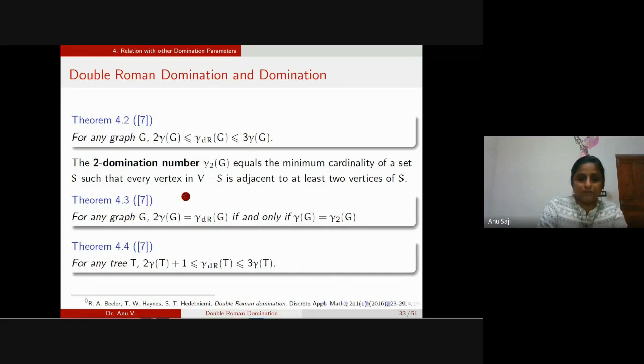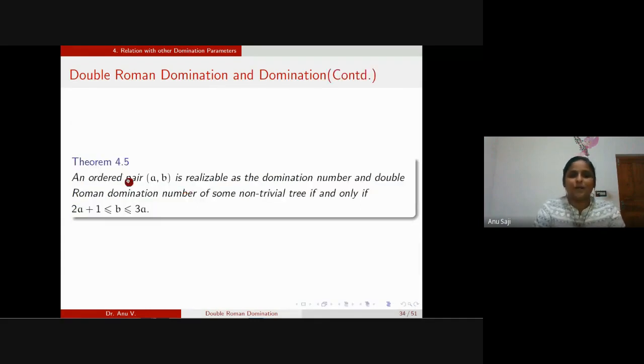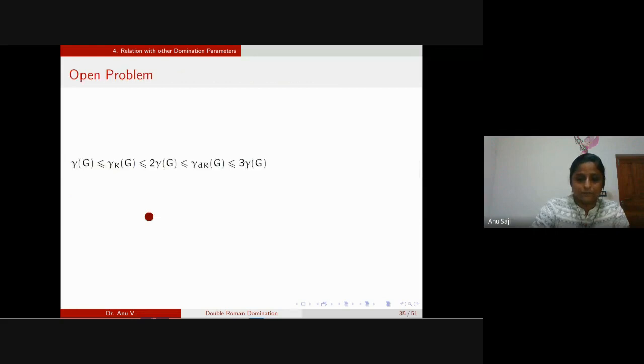Another theorem: an ordered pair (a,b) is realizable as the domination number and double Roman domination number of some non-trivial tree if and only if b lies between 2a+1 and 3a. Each value can be realized as a graph.